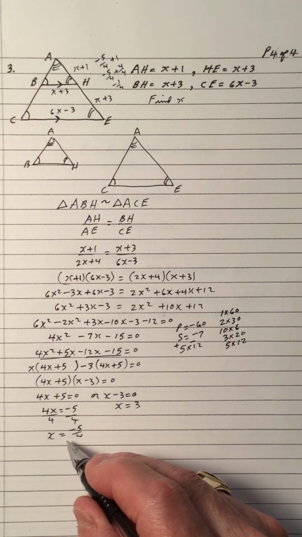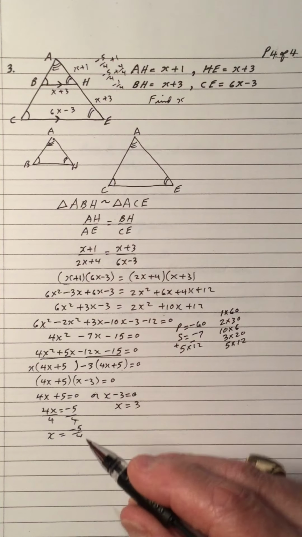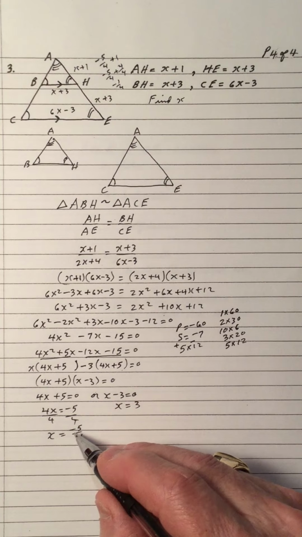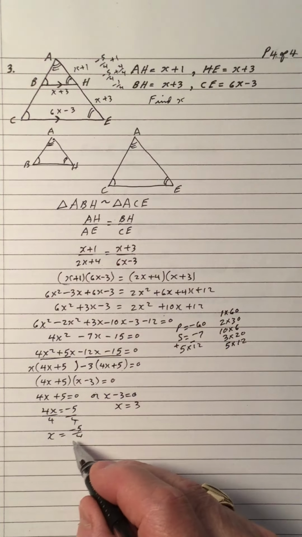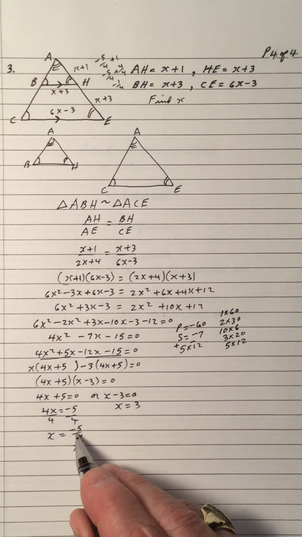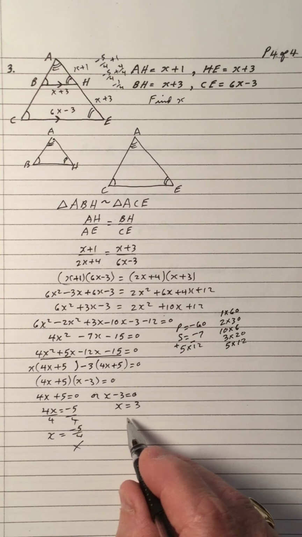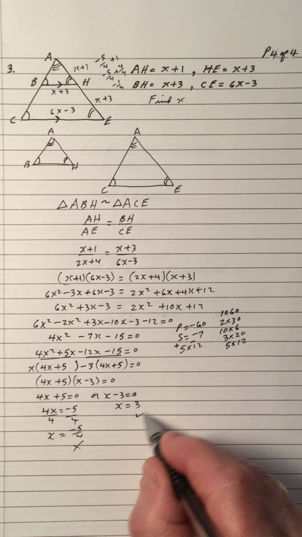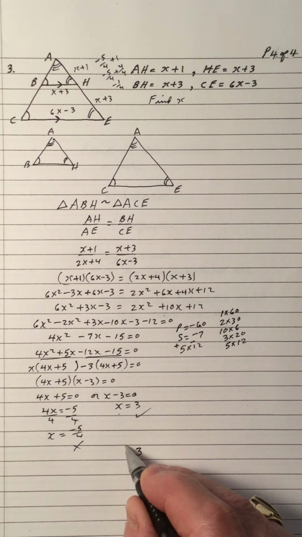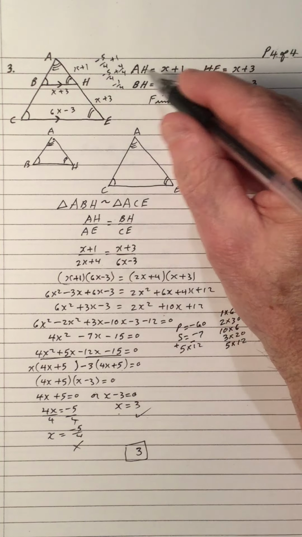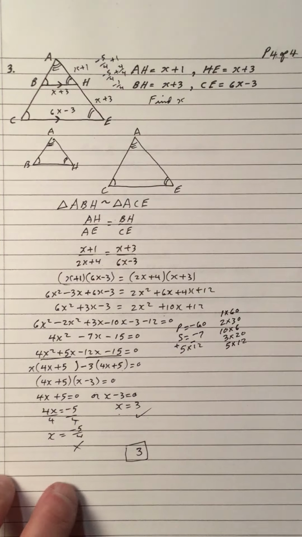Not that it's negative; it's when it makes the length negative that I can't use it, because a length on the side of a triangle has to be positive. So I can't use negative 5 over 4, but I can use 3 because 3 is positive. So the value of x is 3. That's the value that makes these triangles' sides proportional. It makes it true.